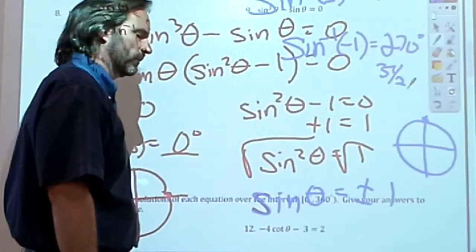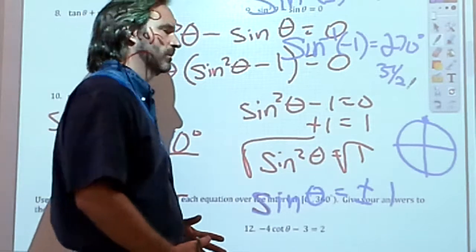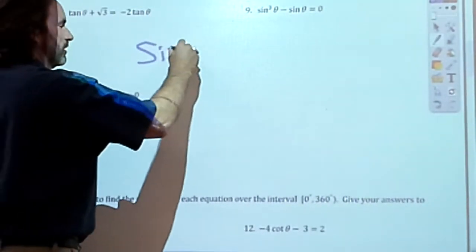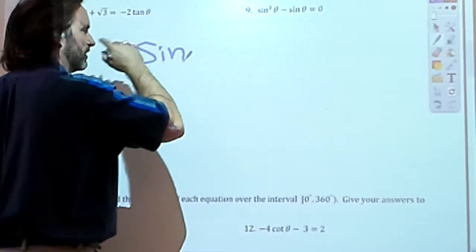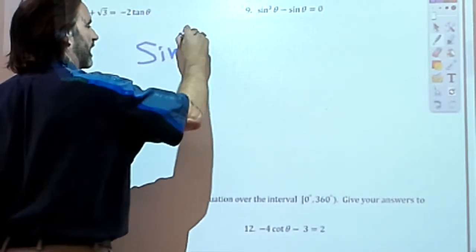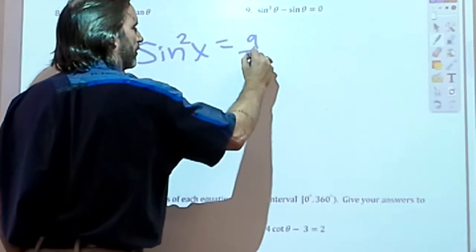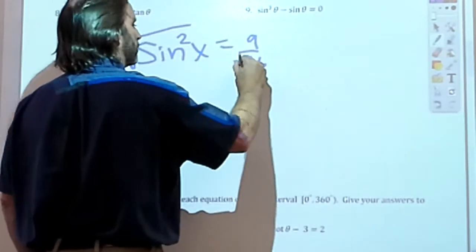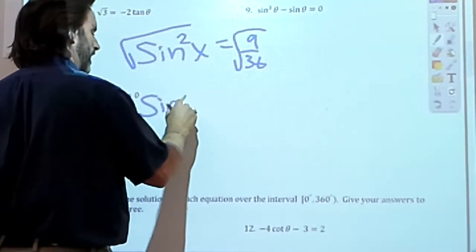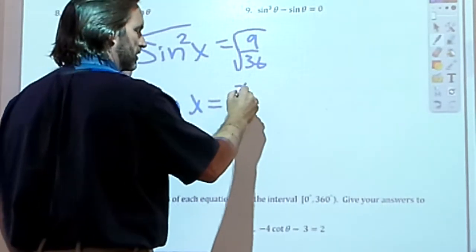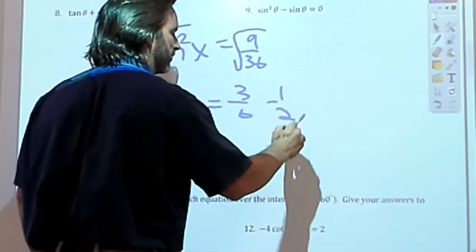All right, and just for grins, let's say you have sine squared x equals 9 over 36. You square root both sides, sine of x equals 3 over 6, or 1/2.